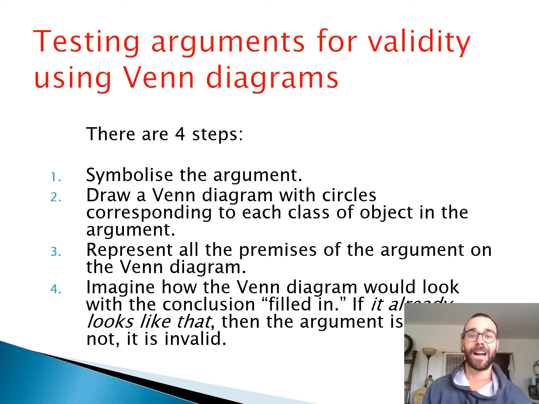If, however, I would look at the conclusion and feel as though I would have to still draw something in, that means that the argument is incomplete, it's invalid, there needs to be more to it. So fill in the premises and then ask yourself, does the conclusion represent what the picture looks like in the Venn diagram?